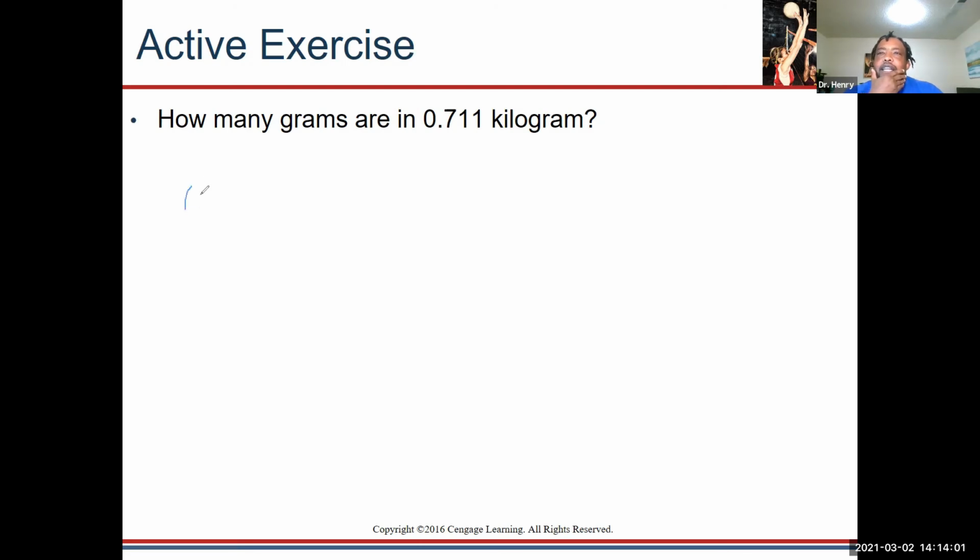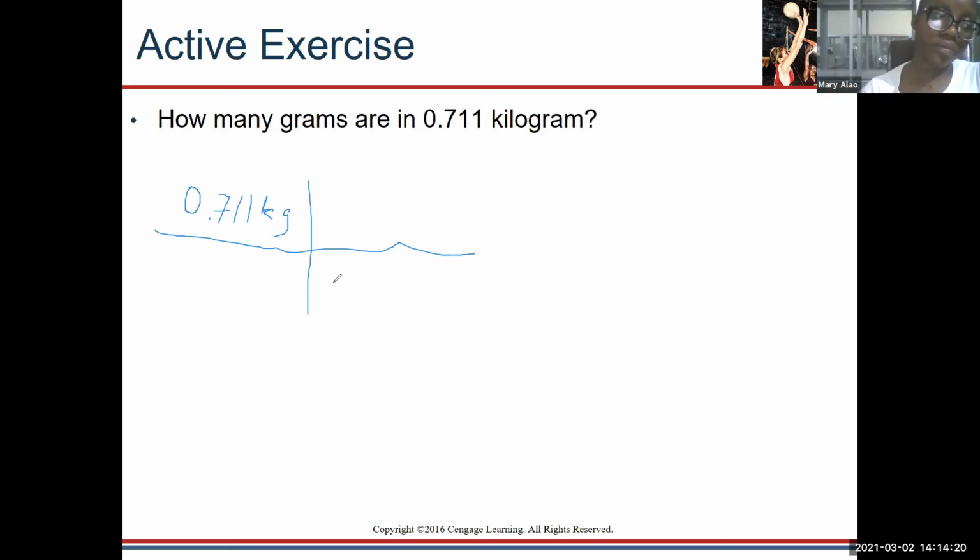So how did you do that? So typically we're just going to start with our given, kg. And then what is the conversion factor? How many grams are in a kilogram? That's 1,000. Yes, 1,000 for 1 kilogram.